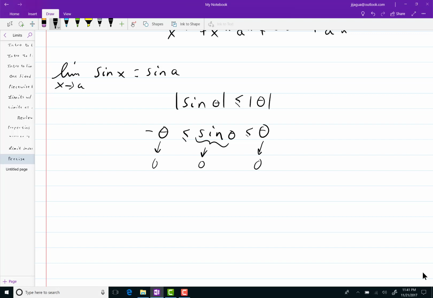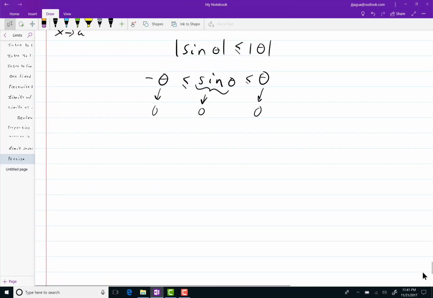So I already know this much. Let me change that a to a 0. Actually, better yet, we know that equals 0, which also happens to be the sine of 0. So I've got it for 0.